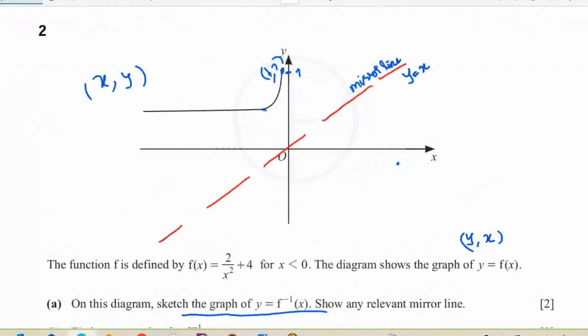And roughly if you take this as 2 comma 4, here it will be 4 comma 2.